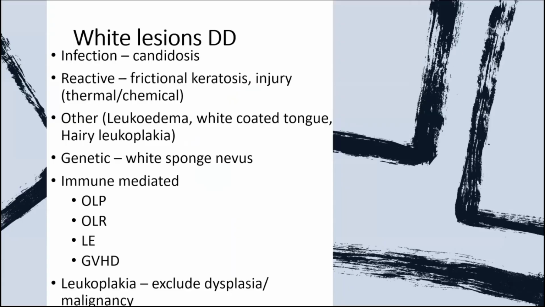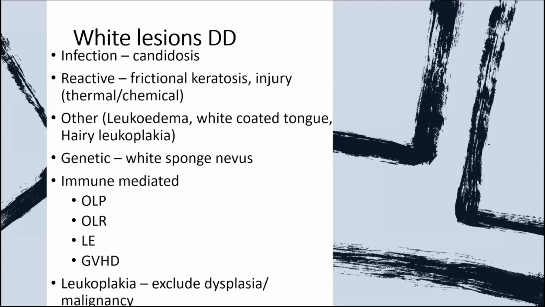So a generic and quick differential diagnosis of white lesions would be infection, mainly candidosis. And we have to think of all different types of candidosis that can present as white, like pseudomembranous and chronic hyperplastic. It can be reactive, like frictional keratosis or keratosis in reaction to injury, either thermal or chemical, burns basically.